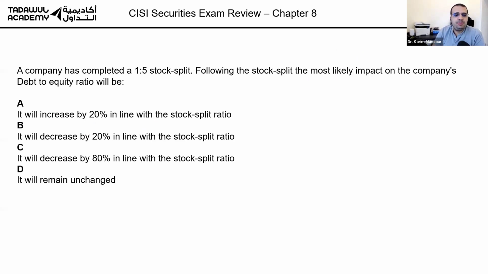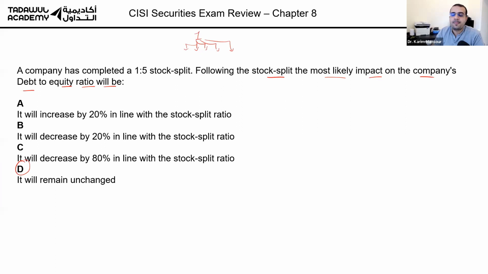A company has completed a 1-for-5 stock split. That means every 1 share you have will be split into 5 shares. Following the stock split, the most likely impact on the company's debt to equity ratio will be no impact.